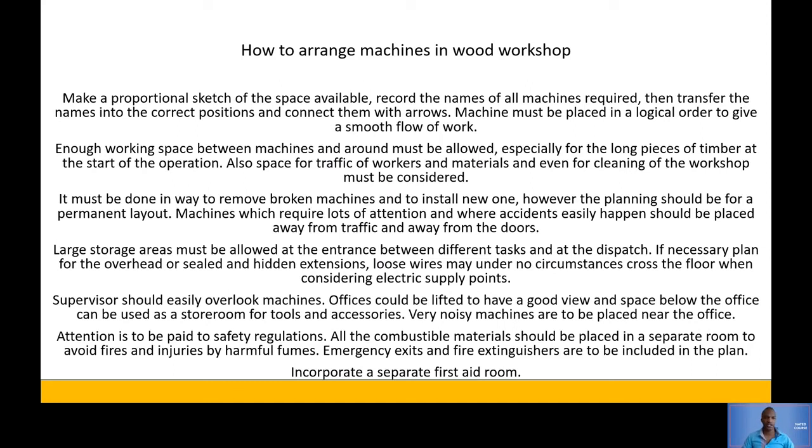And then attention is to be paid to safety regulations. Safety is very, very important when it comes to any site. Safety first is what is said, because with the opposite, people get injured, and that's not a nice place to be in.